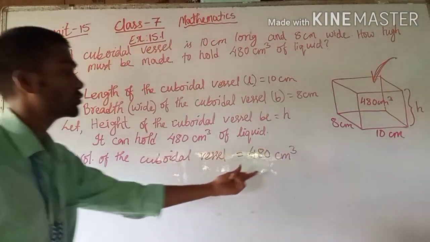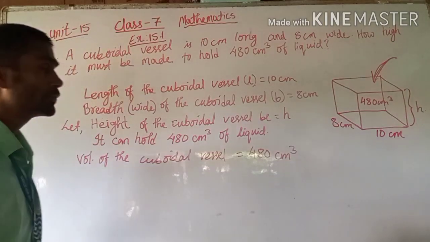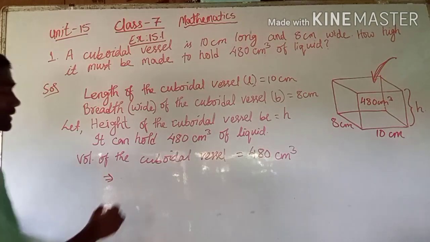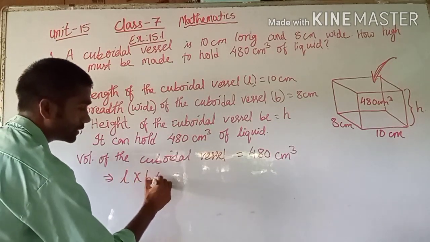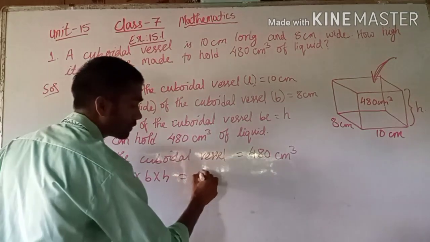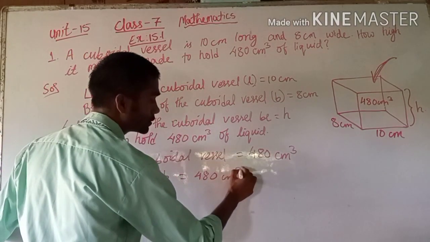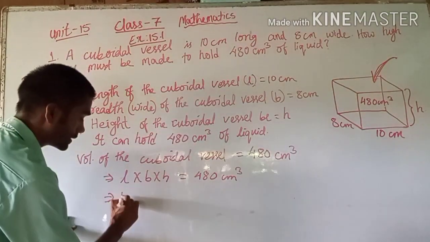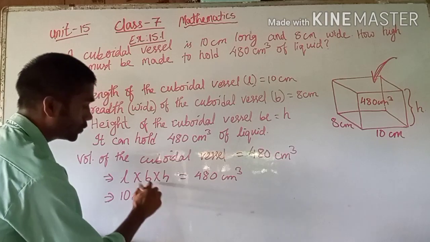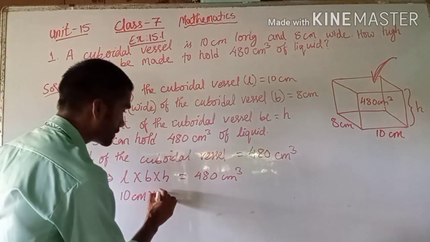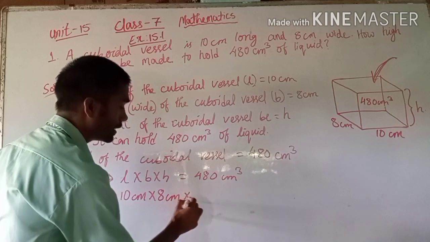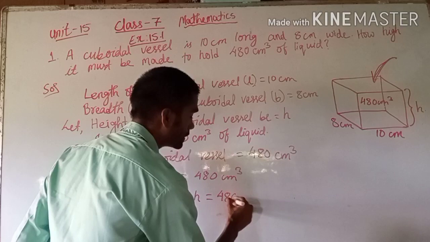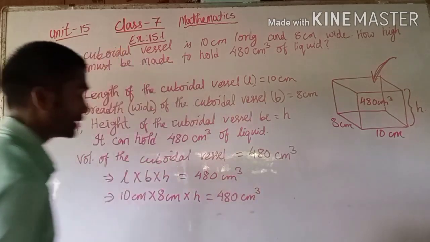That means the volume of the cuboidal vessel will be equal to the liquid it can hold. So for the volume of the cuboid, we use the formula length into breadth into height is equal to 480 cm³. Now length we know that is 10 cm, into breadth we know that is 8 cm, into height, which we don't know and will find, is 480 centimeter cube.